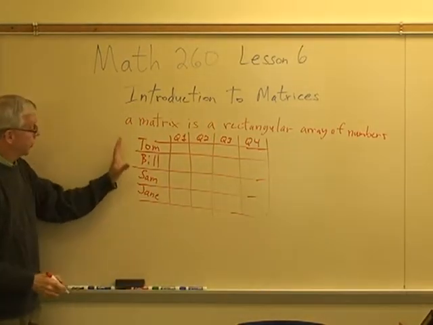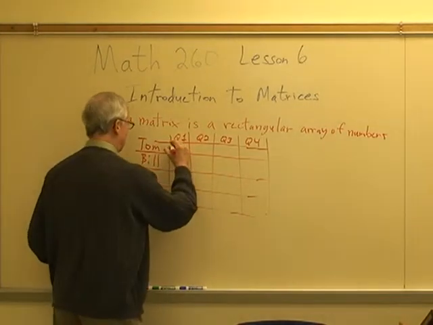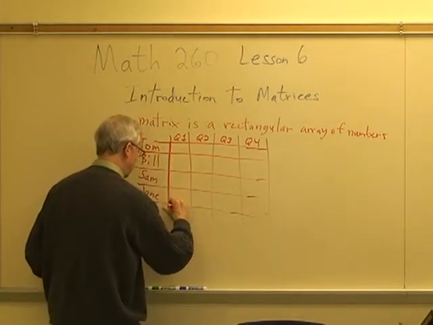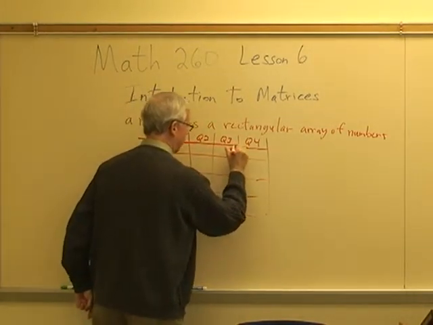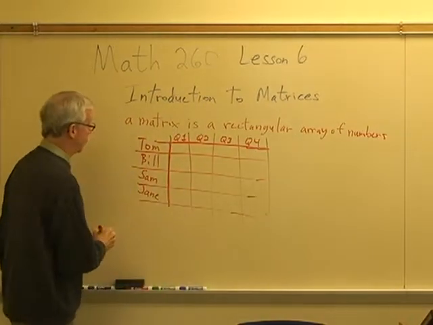So the labels would be outside the matrix, but we could represent this, as long as we knew what the elements of the matrix signified, as a 4 by 4 matrix.